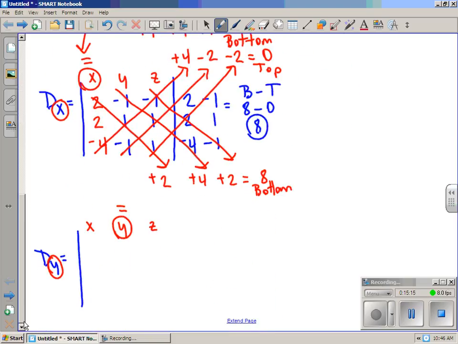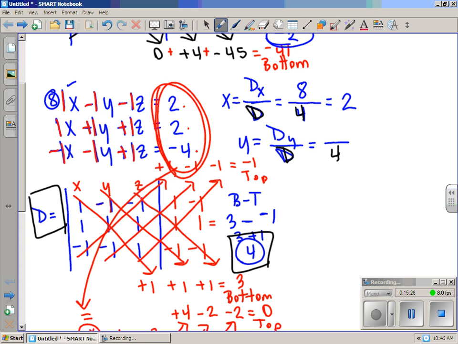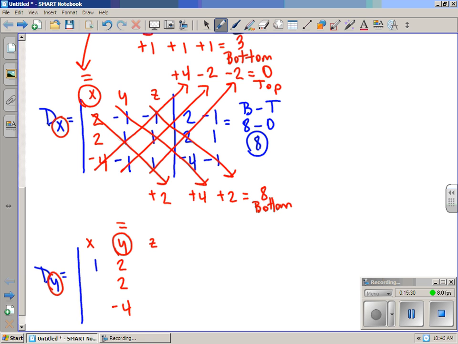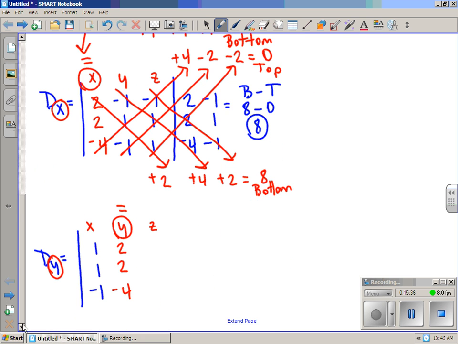So we're going to replace the y column with 2, 2, -4. The x column goes back to being x, 1, 1, and -1. And the z column stays z, which was -1, 1, and 1.